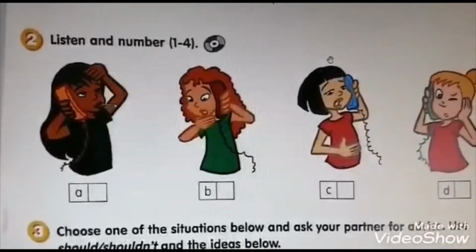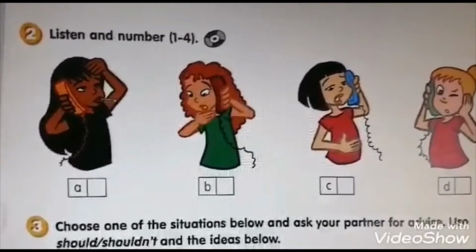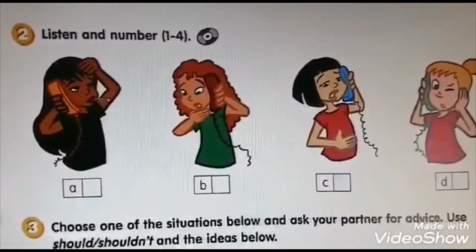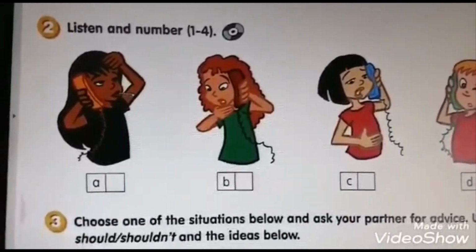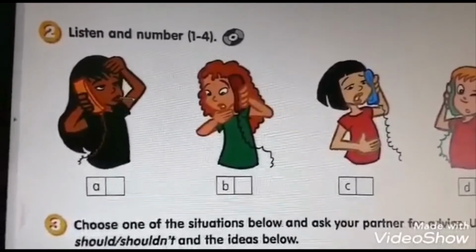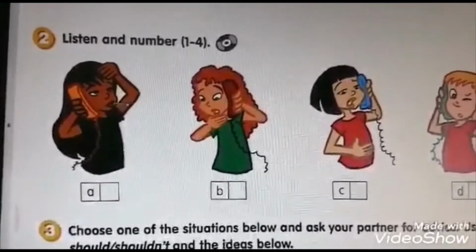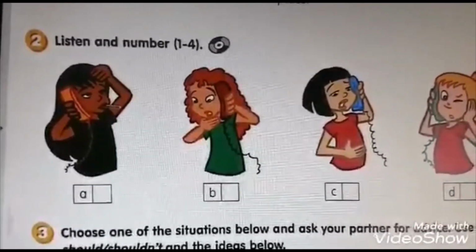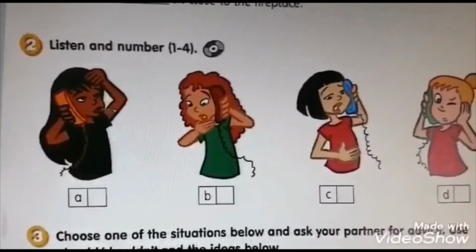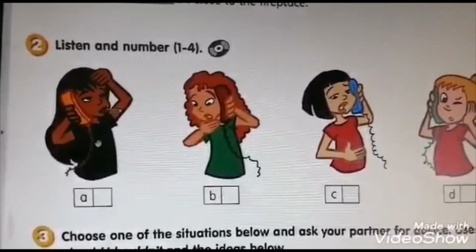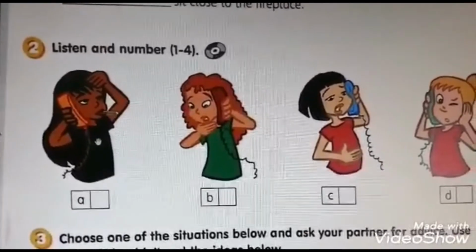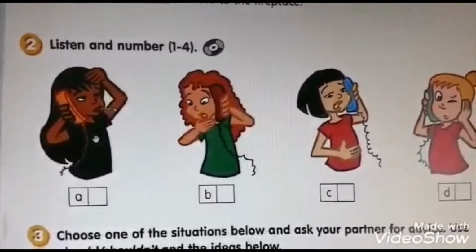So listen and number 1 to 4. Here I'm going to play a CD. You're going to hear 4 conversations. So look at the picture. What's wrong with each of the girls? Yes. Look at number 1. A. She has got a fever.